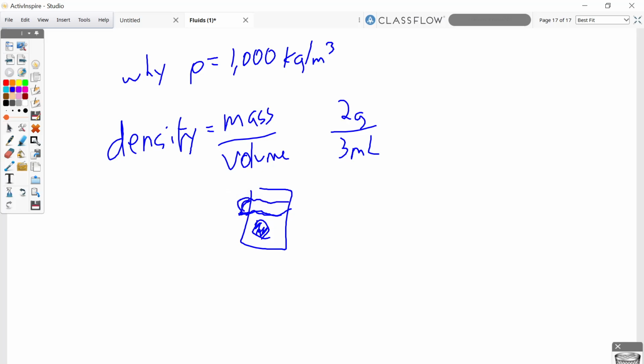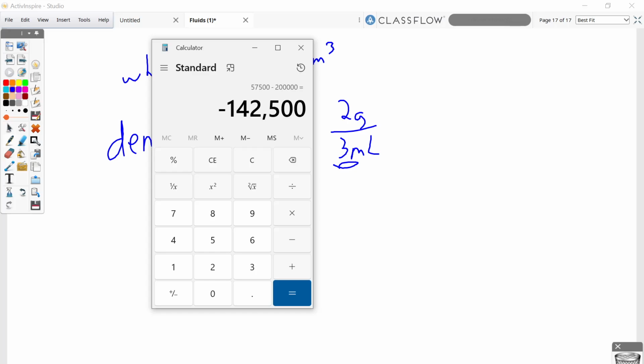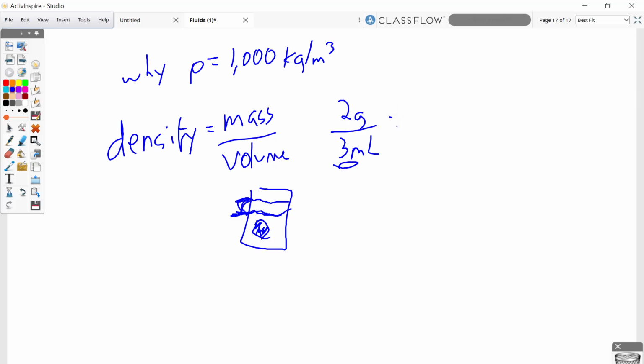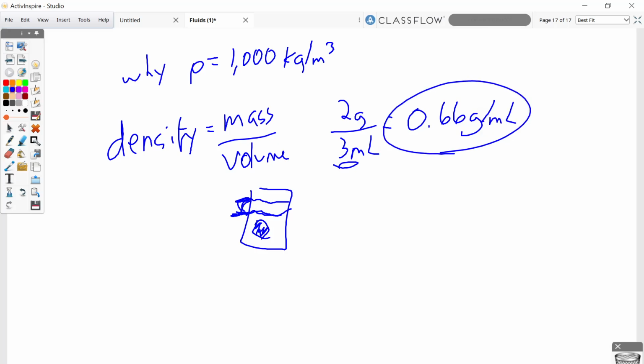And so the difference between here and here, that is supposed to be the volume. That's how much space it takes up, okay? So when we divide 2 divided by 3, I get 0.6 grams per milliliter, okay? So that's supposed to be the density of the apple, okay?